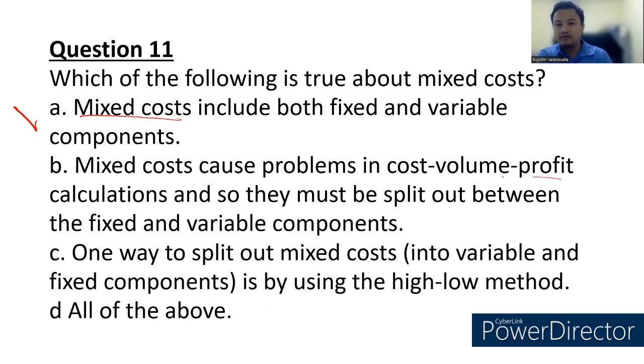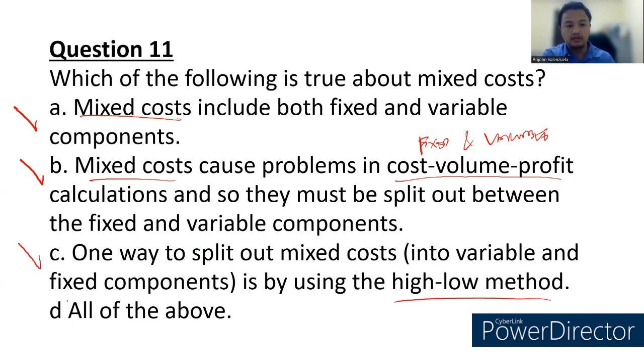Kasi sa cost volume profit analysis, you need to classify or categorize cost into fixed and variable only. Eh kung may mixed cost, kailangan mo siyang paghiwalayin para mas magkaroon ka ng magandang cost volume profit calculation. Okay? So tama din naman 'to. Letter C, one way to split out mixed cost is by using high-low method, which is correct. Therefore, letter D ang sagot natin.